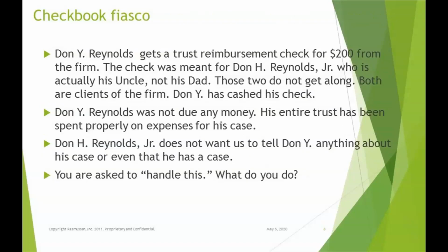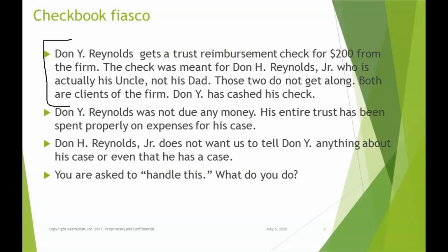Here's a checkbook fiasco. This could happen. This is another reason to have some setup like Clio where you have the client and matters listed and by file number rather than just by name.